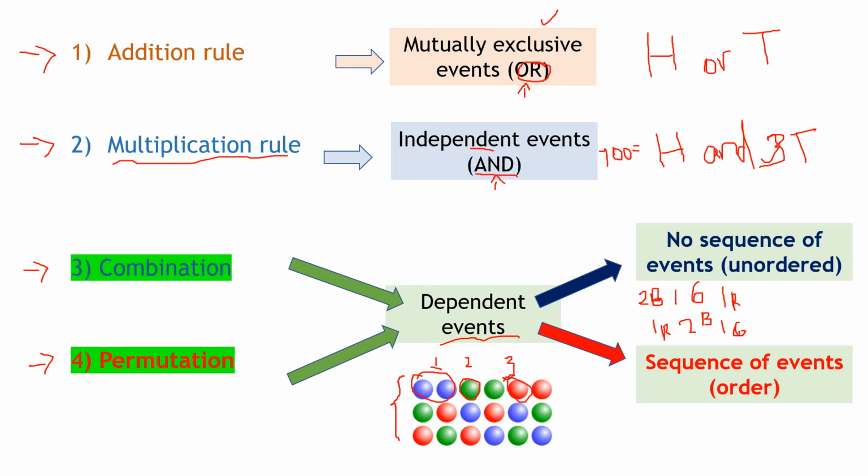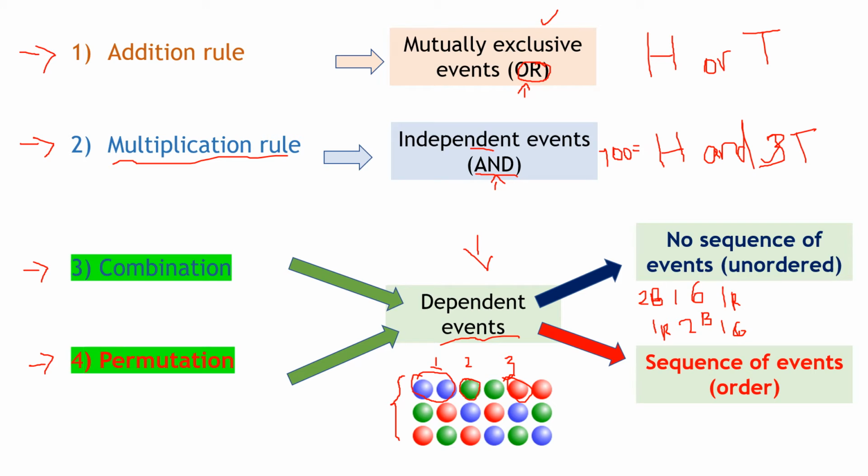In one there is dependence, and in the other there is no dependence. For example, when you flip a coin again, you have a new event and the probability starts again. In combination and permutation, when you remove one of these balls, you now have a different probability.